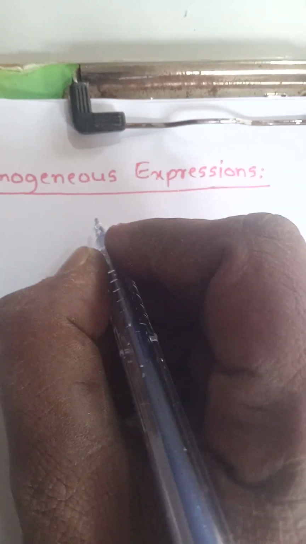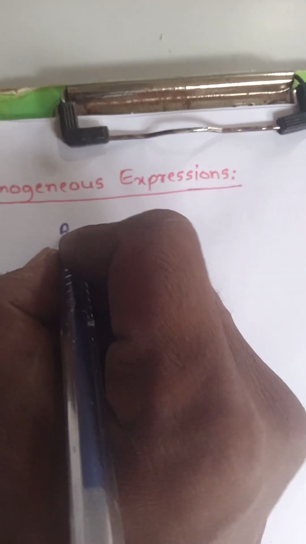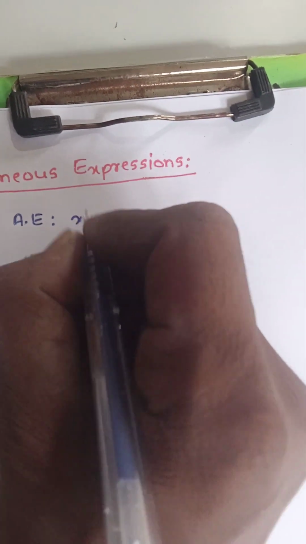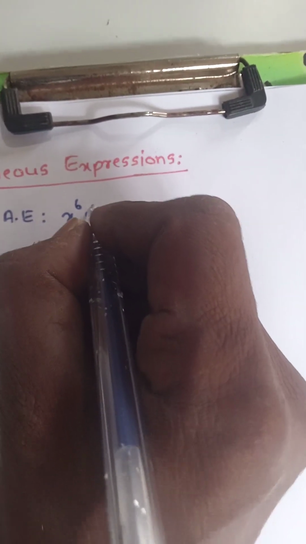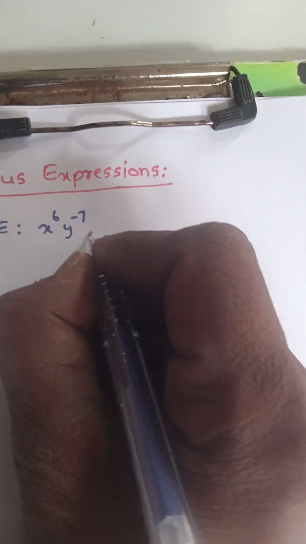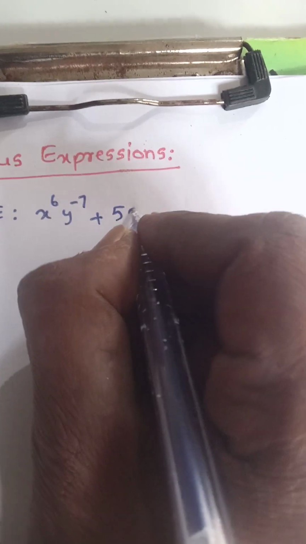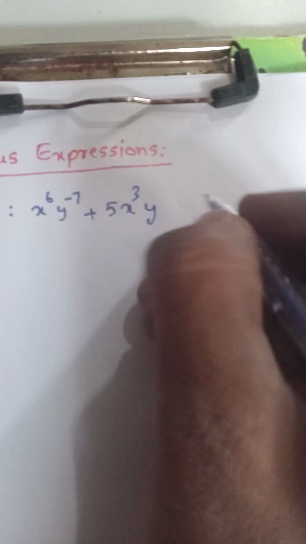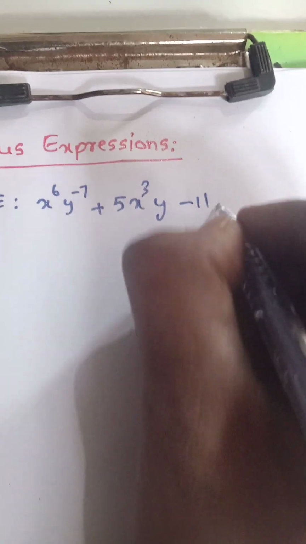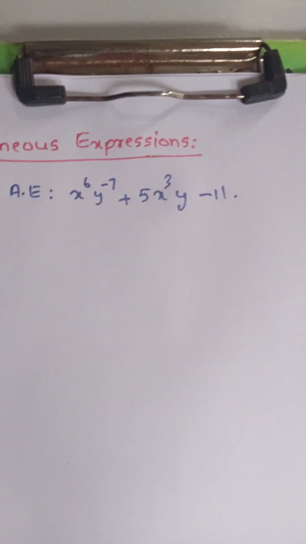For example, consider this very carefully: x to the power of 6 y to the power of minus 7 plus 5x cube y minus 11. This is an example of an algebraic expression.